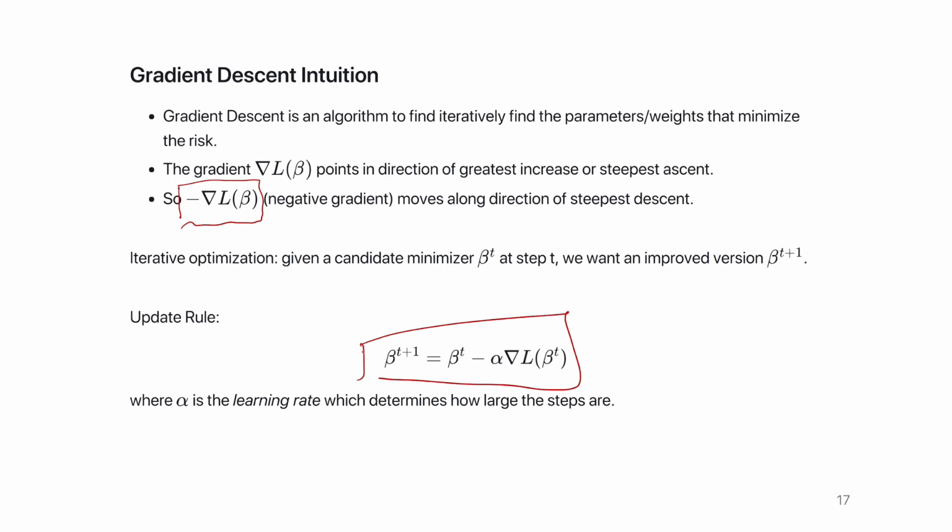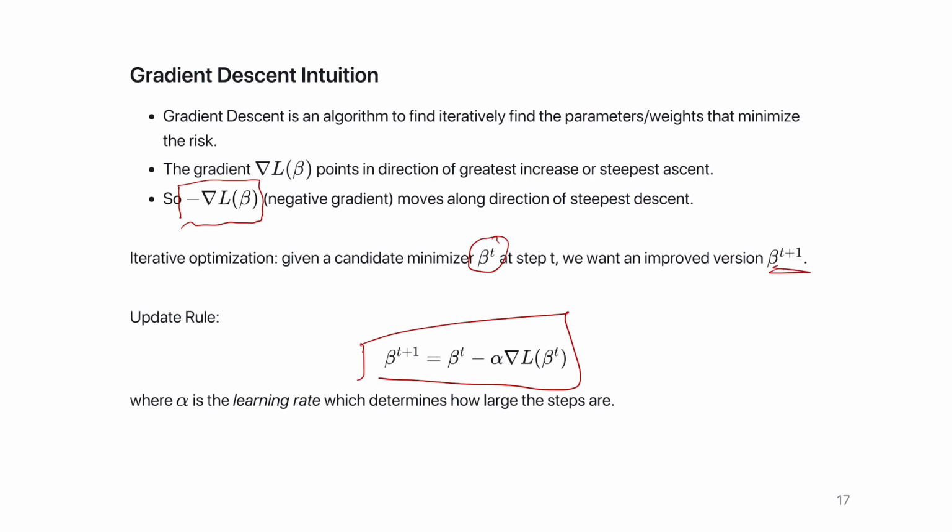The reason we move opposite the gradient is that it will point us towards the global minimum. We'll see a picture in future slides that will help clear things up. Essentially, we have some beta_t, which is our estimate for beta at time t, and we want to find an improved version at time t plus 1.